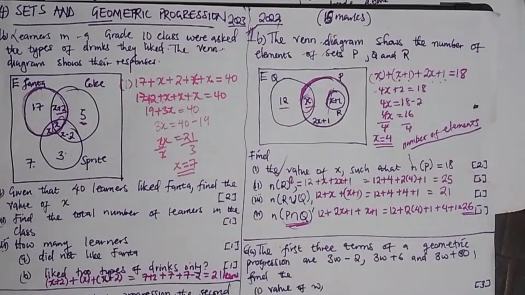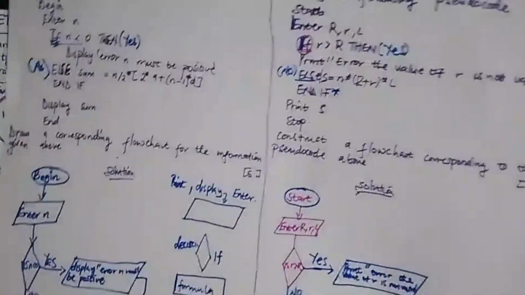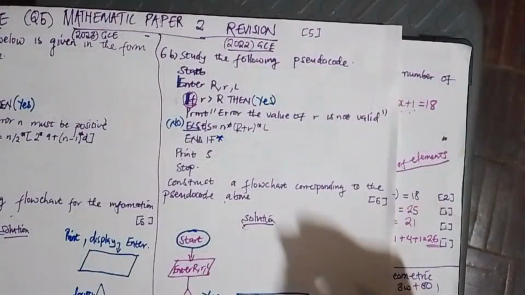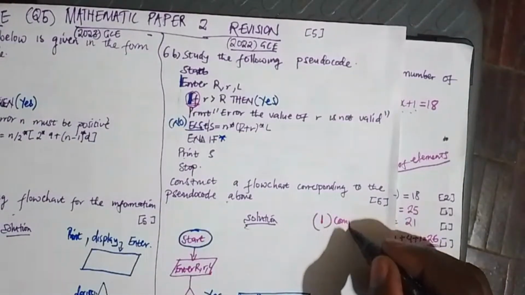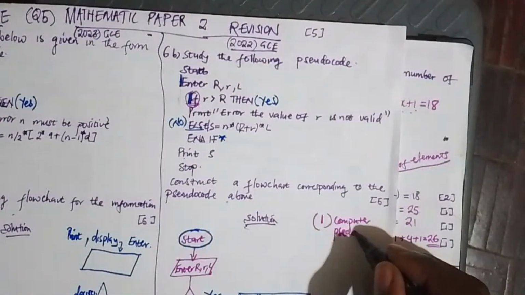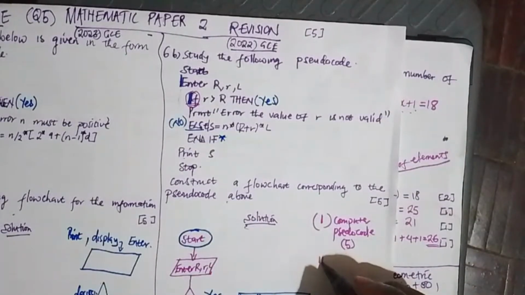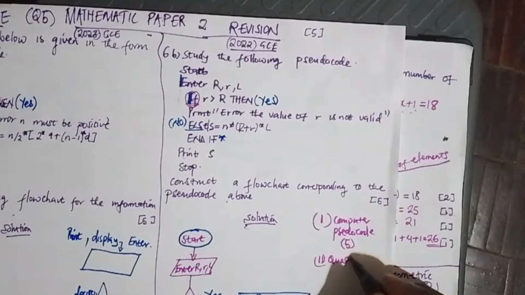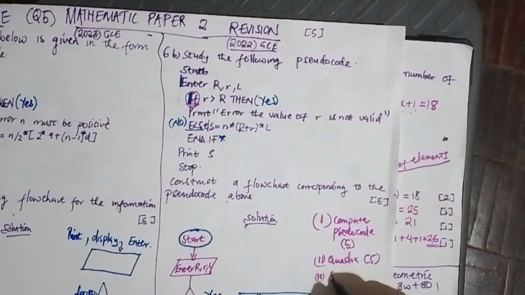So here we have already covered how many marks? I have covered computer or pseudocode, which is 5 marks. Next, we also covered the quadratic, which is 5 marks. We have also covered sets, which is 5 marks.